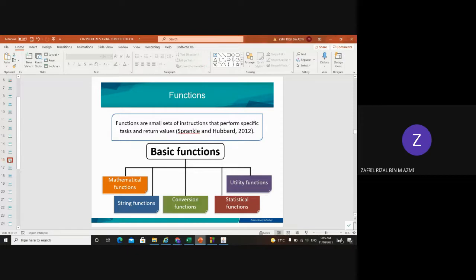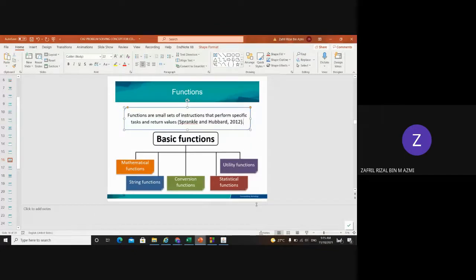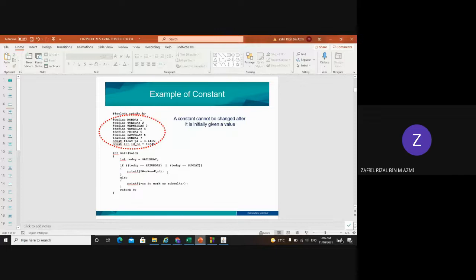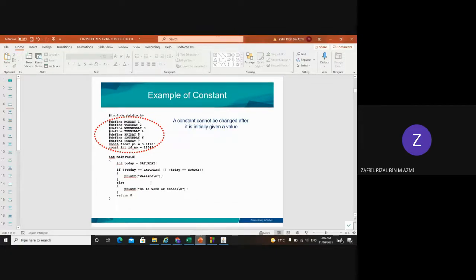So most of the time, how to identify that a statement is a function is you see, for example, in this program, you see there's a bracket over here, meaning that this is a function.